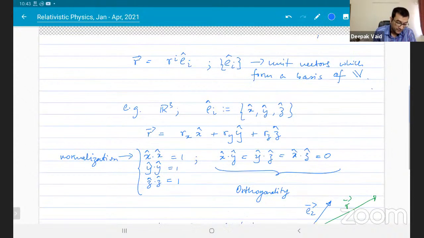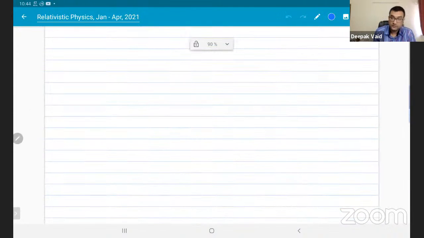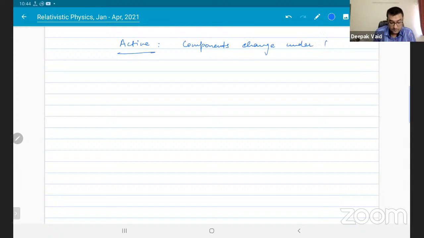So what is an active coordinate transformation? An active transformation is one in which we say that it is the components that change under the transformation.